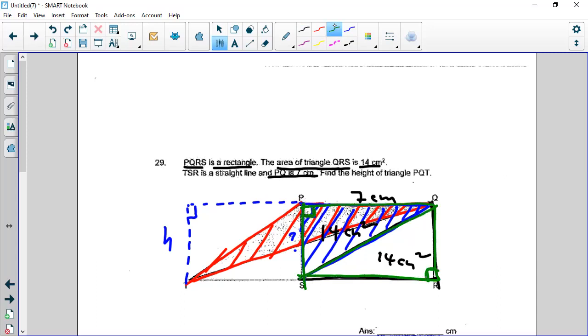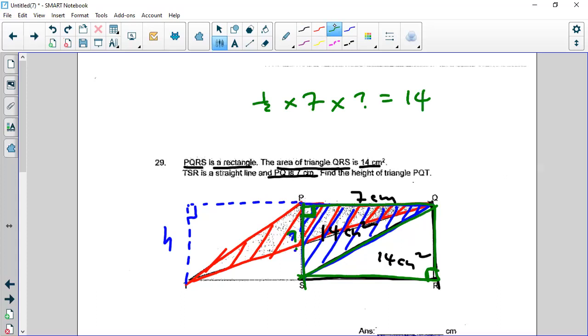Can you see that? So they have the same area. Okay, so what is the height of this PQT? Half times base, which is your 7, and the height, which is what we want to find, gives you the area.